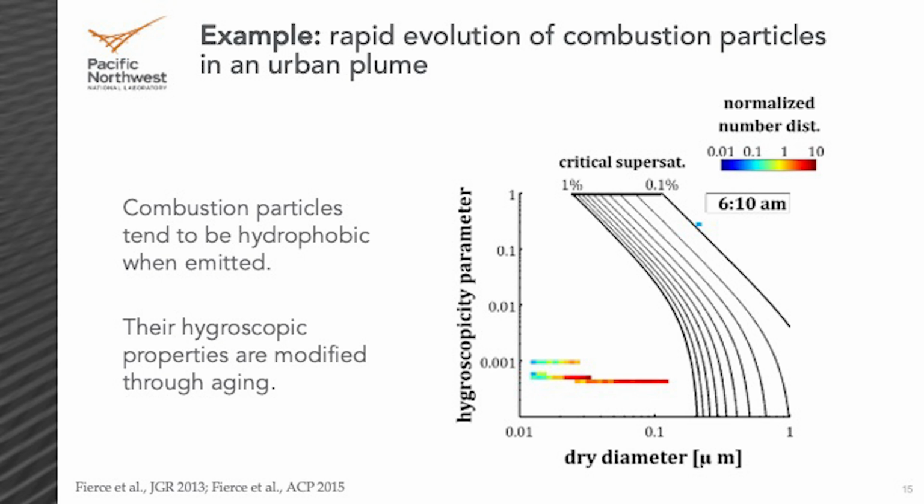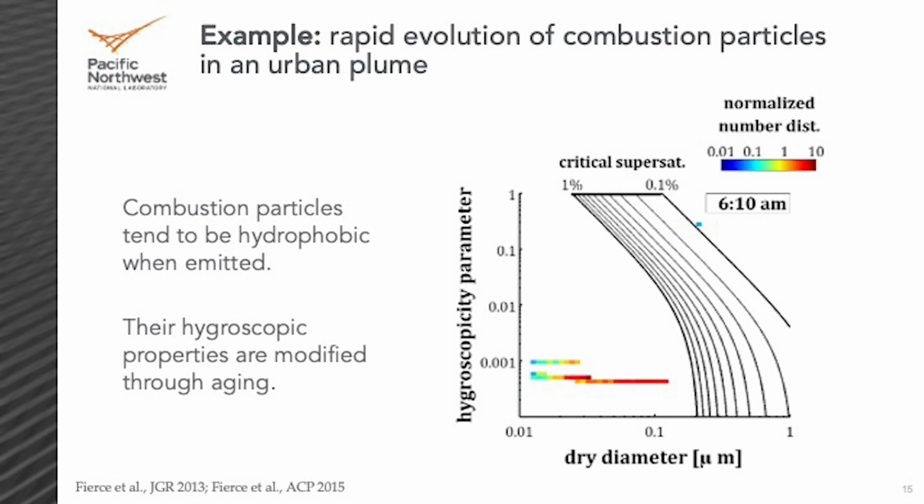What's shown here is a bivariate distribution with respect to dry diameter and the hygroscopicity parameter. What's nice about this is these are the variables that we need to compute the critical supersaturation. So if the particles cross from left to right one of those lines, that means they go from CCN inactive to CCN active at that supersaturation threshold.